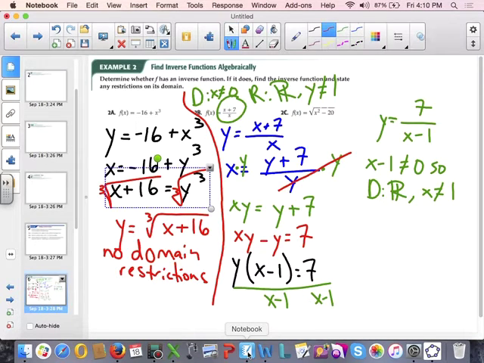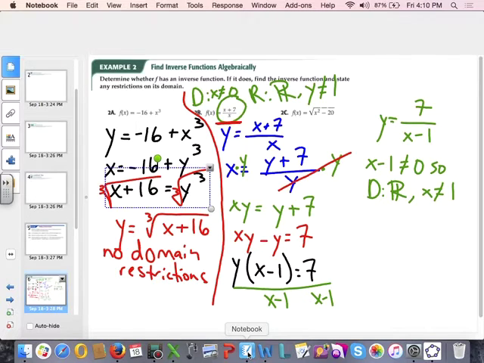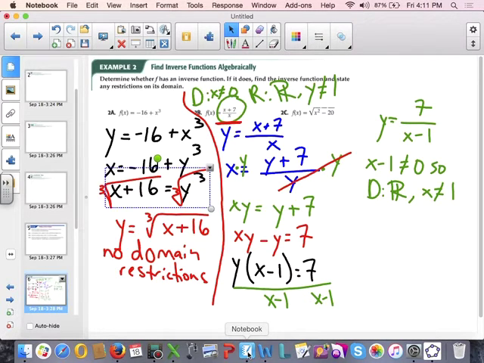In the original function, x can't equal 0 because x is in the denominator and you can't divide by 0. So what I'm trying to get across is, when I go back and look at that graph of the inverse, is my range going to be such that y cannot equal 0?